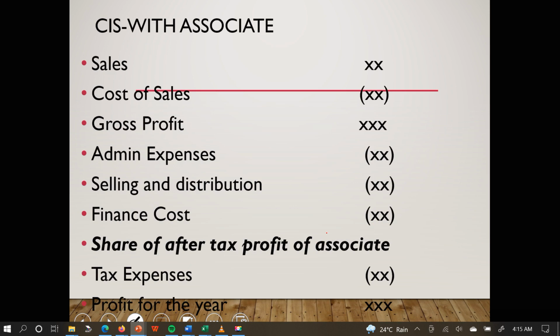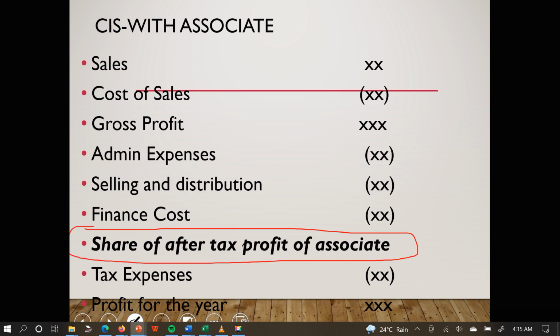Now, this is an example of a consolidated income statement with an associate. So it means we are discussing a parent, a subsidiary, and an associate. You consolidate the parent and the subsidiary, and that means you add parent assets and subsidiary assets, add parent income and subsidiary income, add parent liability and subsidiary liability, but you only show the associate as one figure.